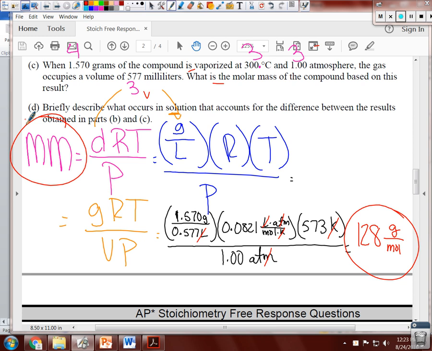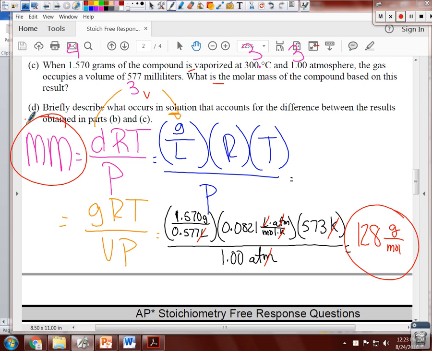You've canceled everything outright. Okay, so does working this problem help with that bullet on the test objectives? Because when you first saw MM equals DRT over P, you said, I don't know what that is. It is a derivation of the ideal gas law, yes.